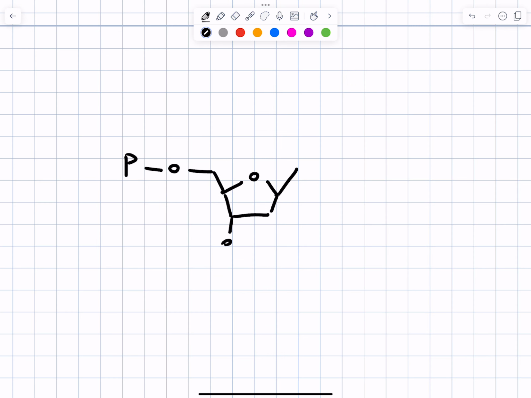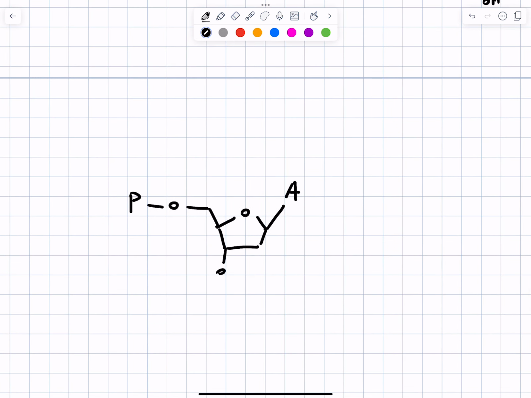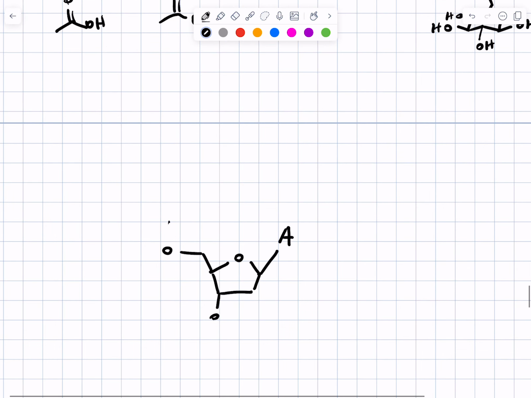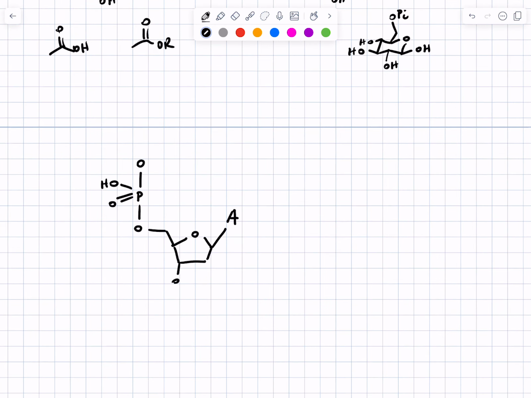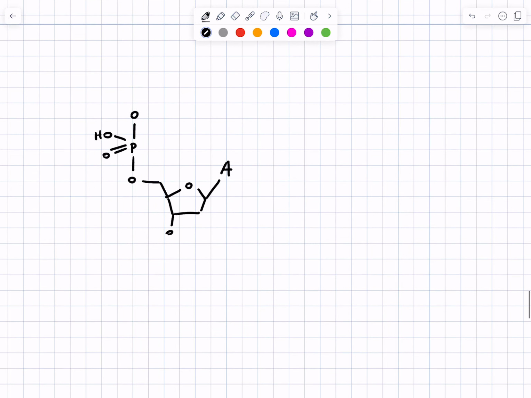So I'm going to have mercy on you, and we're just going to use A for adenine for DNA. What should we do here? Here is the phosphorus. In DNA, 2 of the 3 OH groups from phosphoric acid are replaced with OR groups.